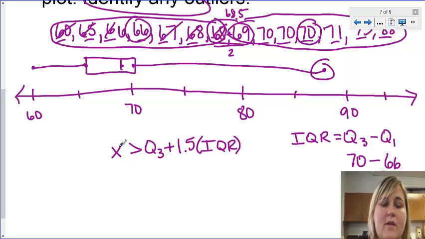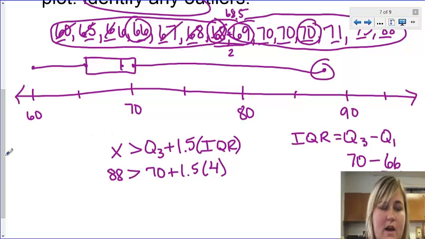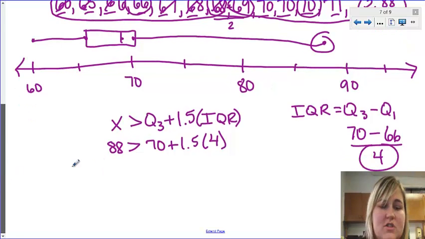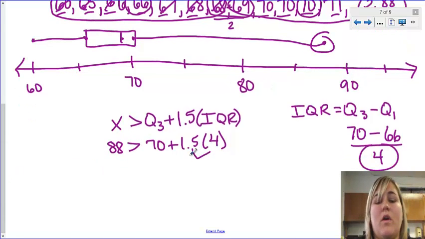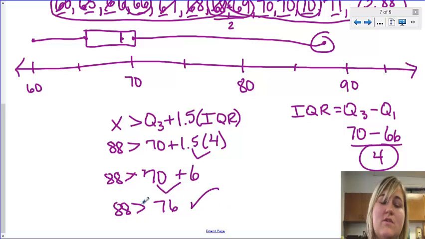I'm testing 88 to see if it's an outlier. So I'm going to put 88 must be greater than the third quartile, which was 70, plus 1.5 times the IQR, which was 4. Well, following now my order of operations, 1.5 times 4 gives me 6, plus 70. 70 plus 6 is 76. And 88 is, in fact, greater than 76, so it is an outlier.